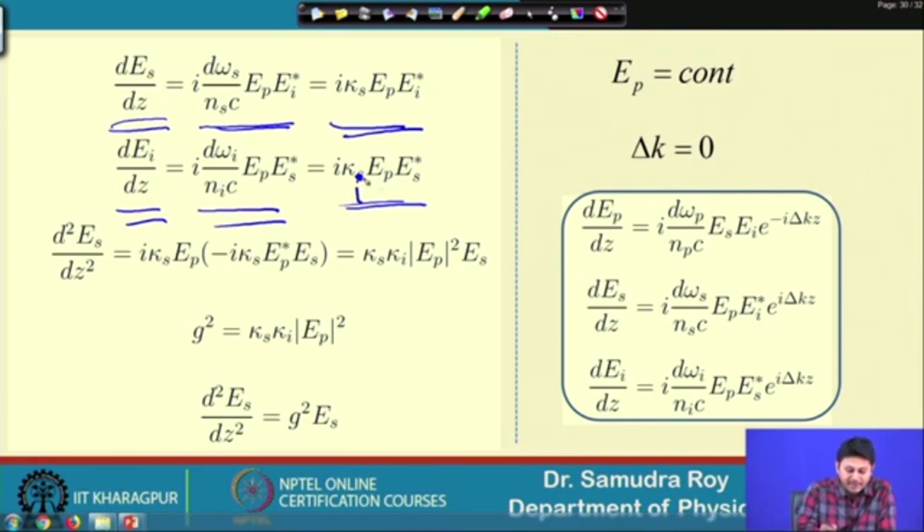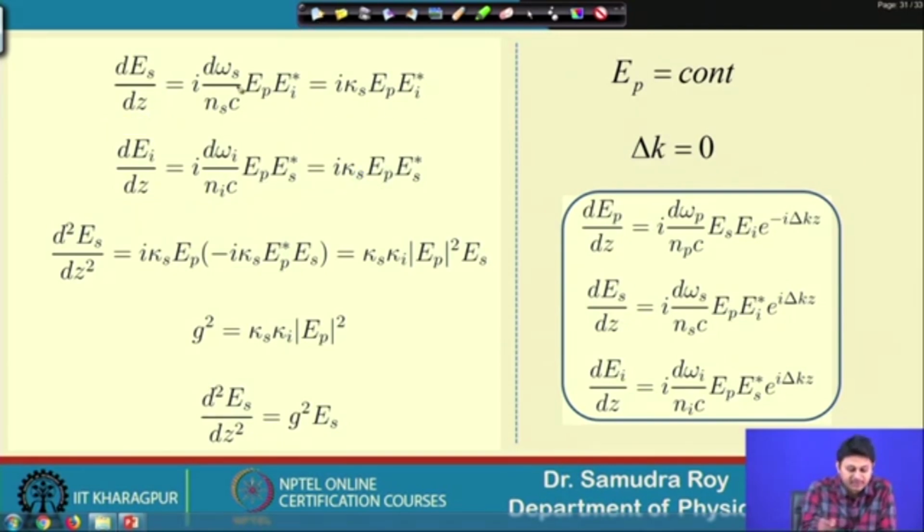When I differentiate this quantity once again, we will have d2Es/dz2. When I differentiate this quantity, Ep is constant. So, we will have the quantity dEi star/dz, which I can replace from here, and when I replace I will have a negative sign because I am taking the star of that, and Ep star and Es.